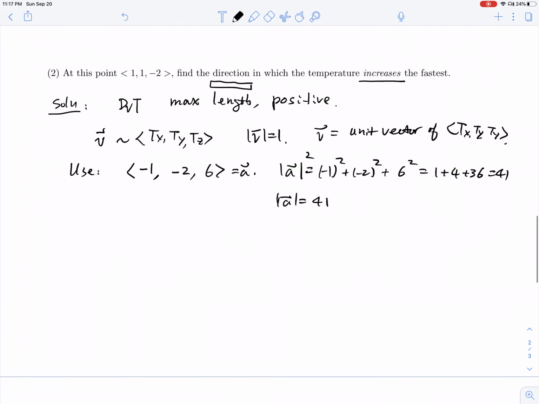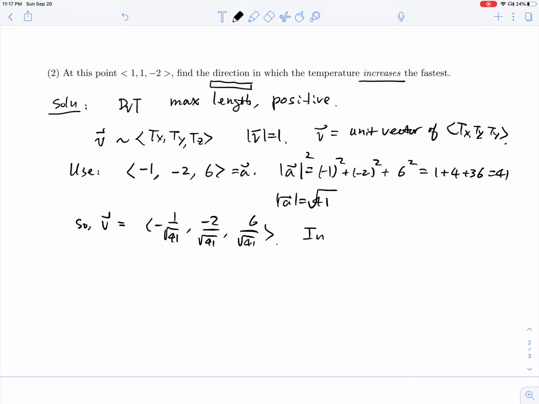So now we have the unit vector. v over here should be equal to (-1 over root 41, -2 over root 41, 6 over root 41).